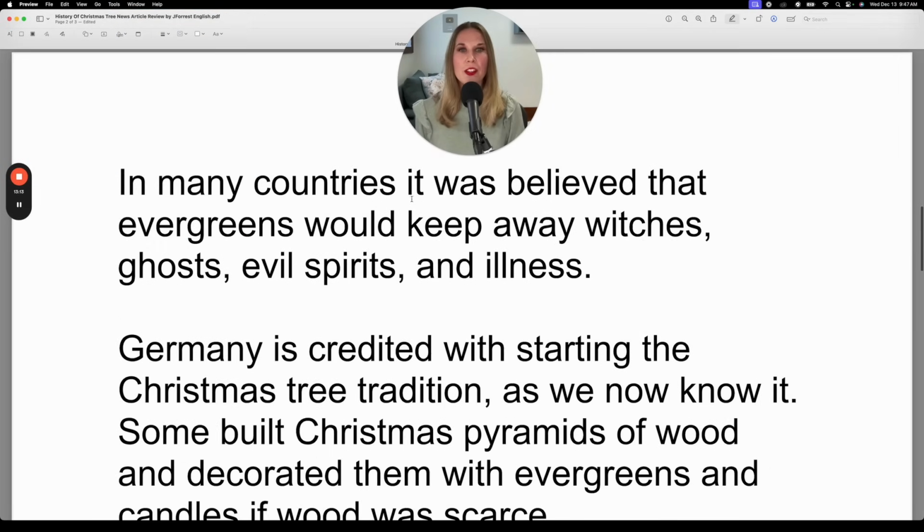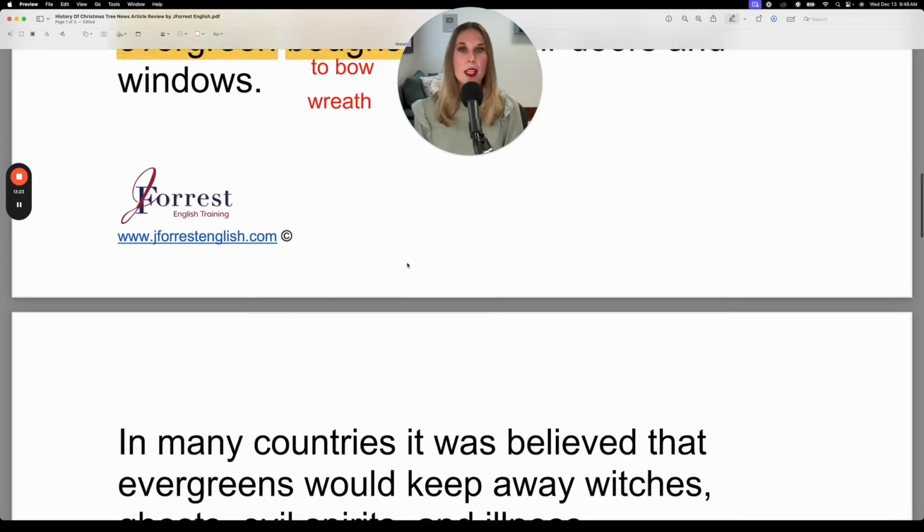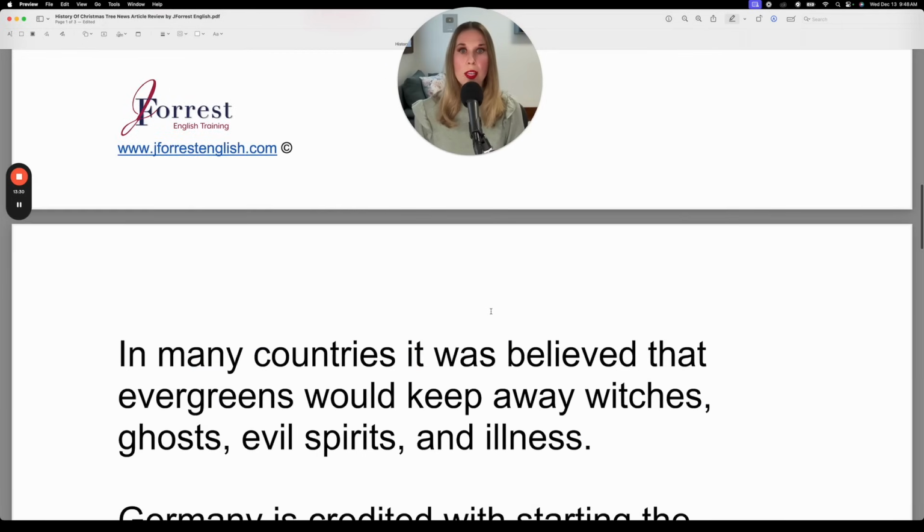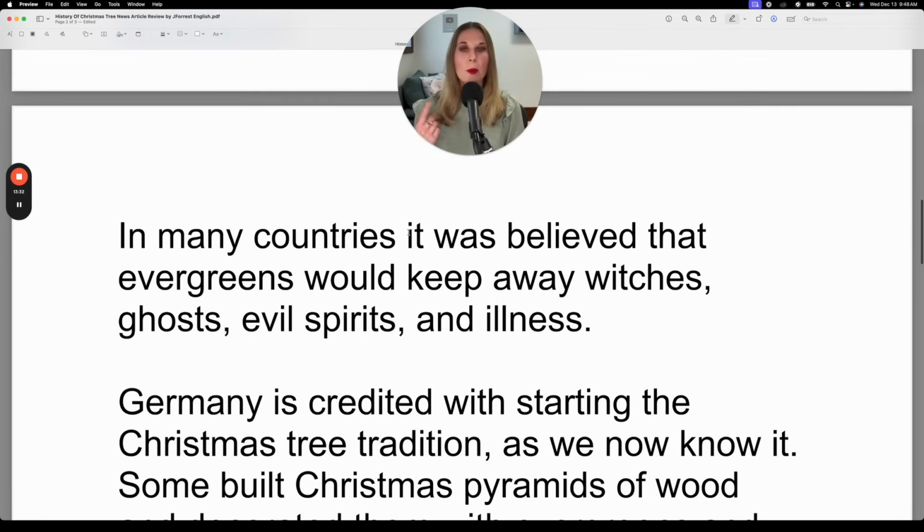In many countries, it was believed that evergreens would keep away witches, ghosts, evil spirits, and illness. So that explains why ancient people hung the boughs over their doors and windows. And I know this is the past and they're talking about the ancient people, not a practice today, because they said it was believed.